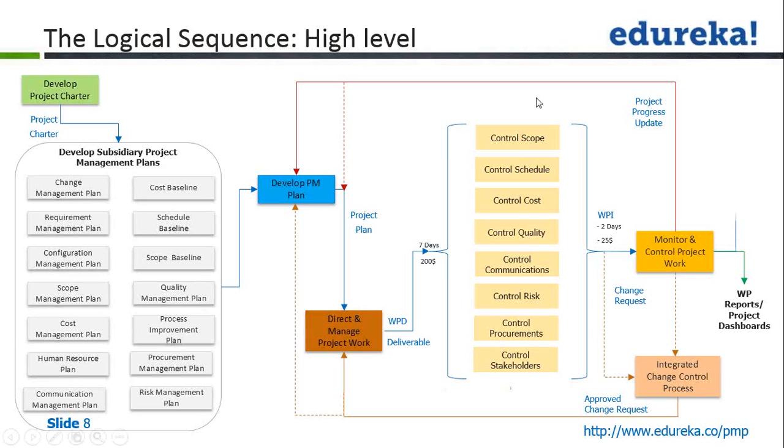This cycle will be repeated until all the deliverables are completed. And once all the deliverables are completed, the project will move to your close project or phase process, where the project manager will review all the deliverables and ensure that the requirements of the customer have been fulfilled, and all the stakeholders will be formally notified that the project is completed.